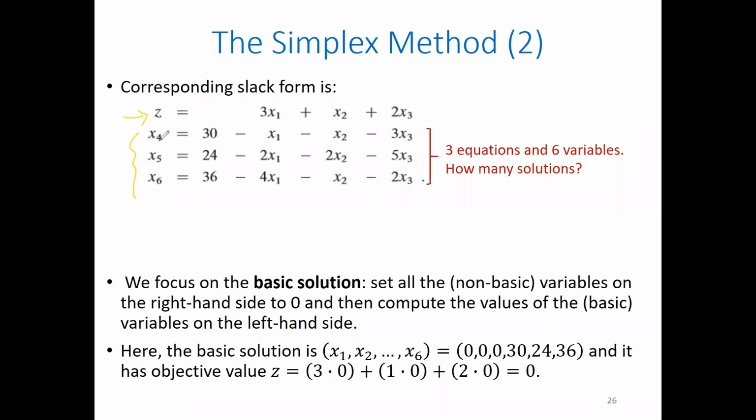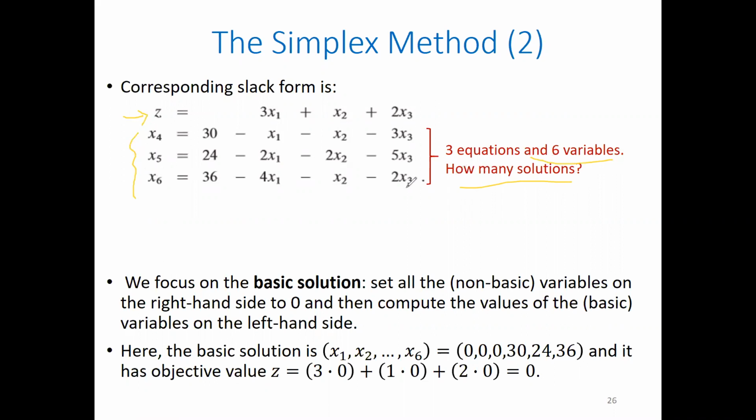Now over here, how many variables do we have? 1, 2, 3, 4, 5, 6. How many constraint equations do we want to solve? 3. So there are 3 equations and 6 variables. So how many solutions? Many solutions. Good job.